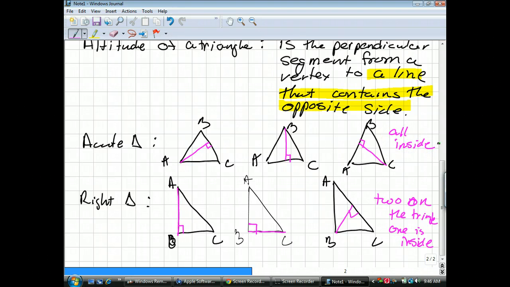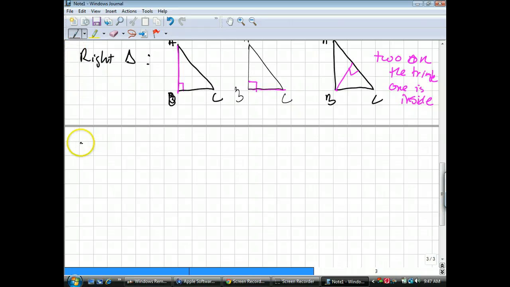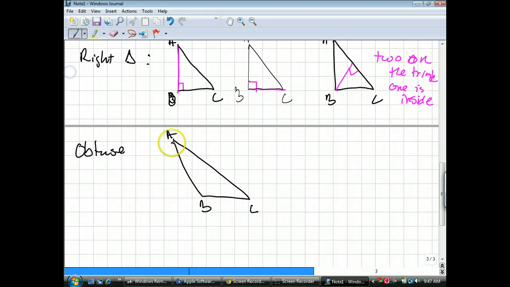Okay. Then we have the obtuse, and this is where the idea of a line that contains the opposite side matters. Because if we have an obtuse triangle, from A, the altitude would be right here. And that hits this line that contains the opposite side. Okay.